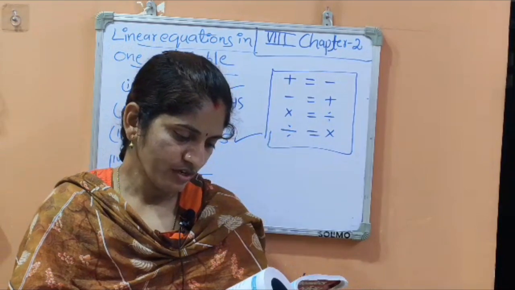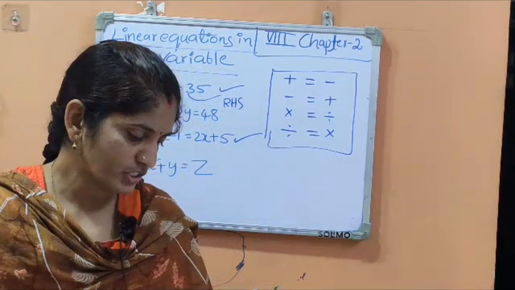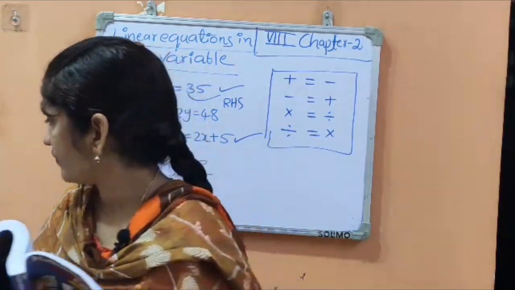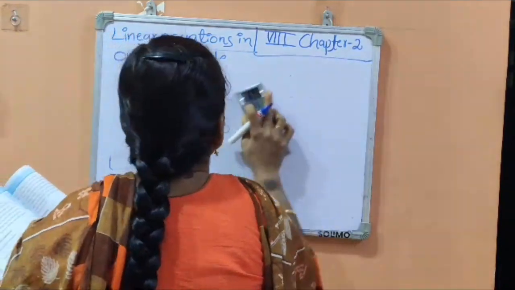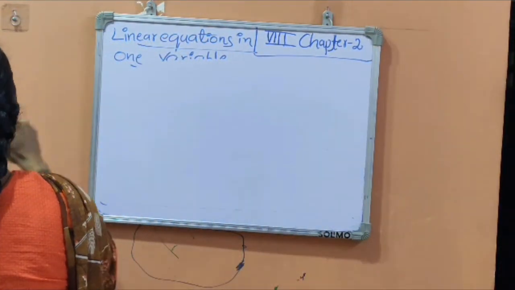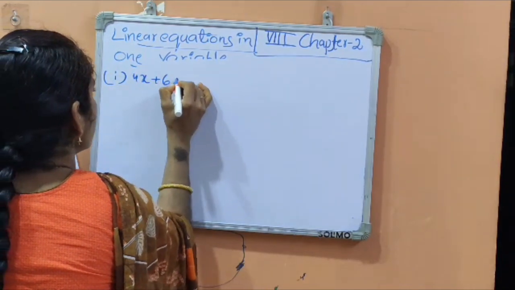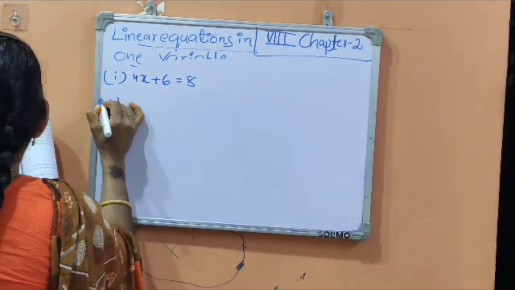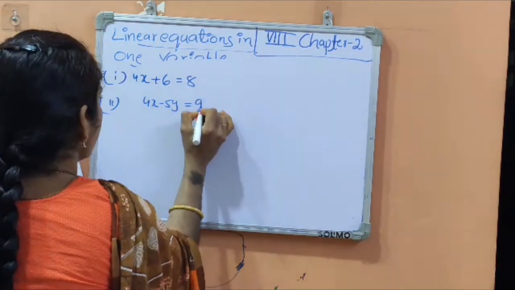Which of the following are linear equations? Page number 76, 8th class mathematics textbook. They have given some questions. Question 1 is 4x plus 6 equals 8. Question 2 is 4x minus 5y equals 9.